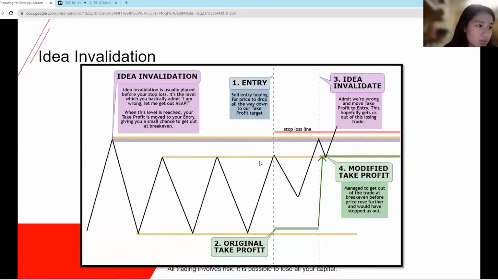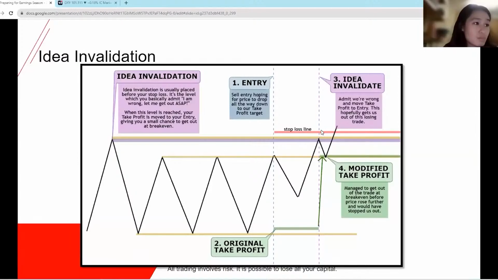So in this example, once again, we are entering from here at this level with the two swing highs, and then price reverses down and we expect price to continue downwards to hit our take profit. But it doesn't, and it reverses and hits back up. It even surpasses our entry and continues upwards, and our original stop loss line was here.